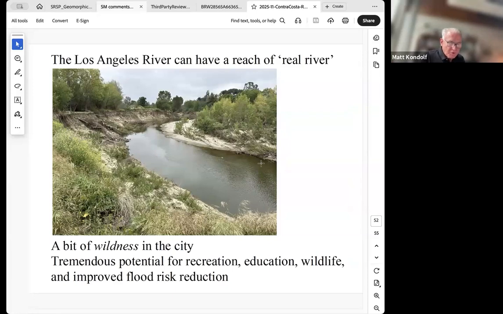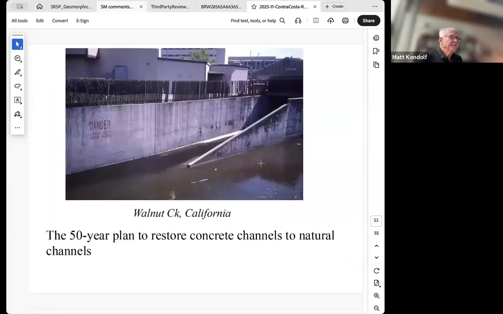Now, this is just one example, but I think there are probably many others that we could find if we look closely and with an open mind at our river systems. And in Contra Costa, we're fortunate that we have the 50-year plan to restore concrete channels to natural channels.